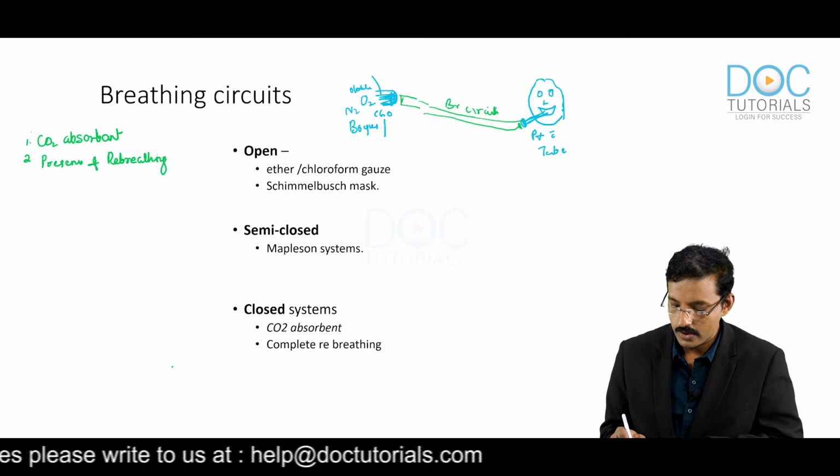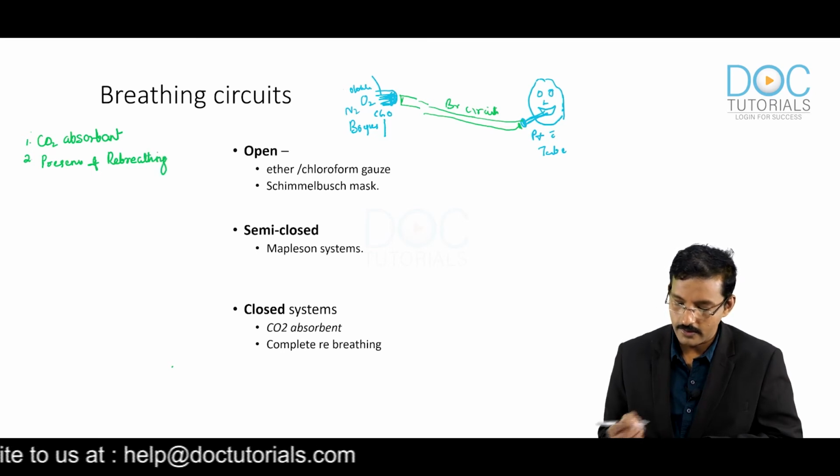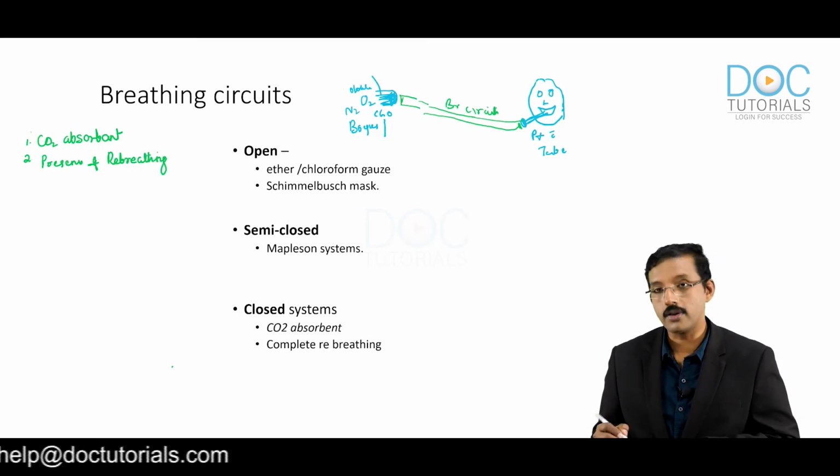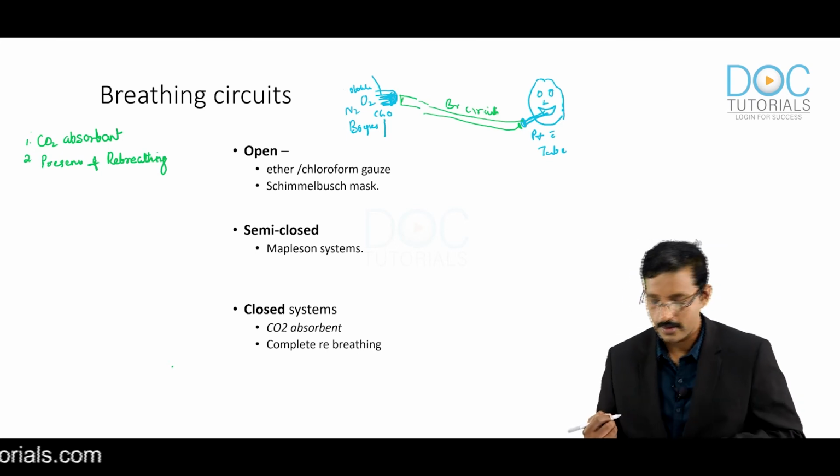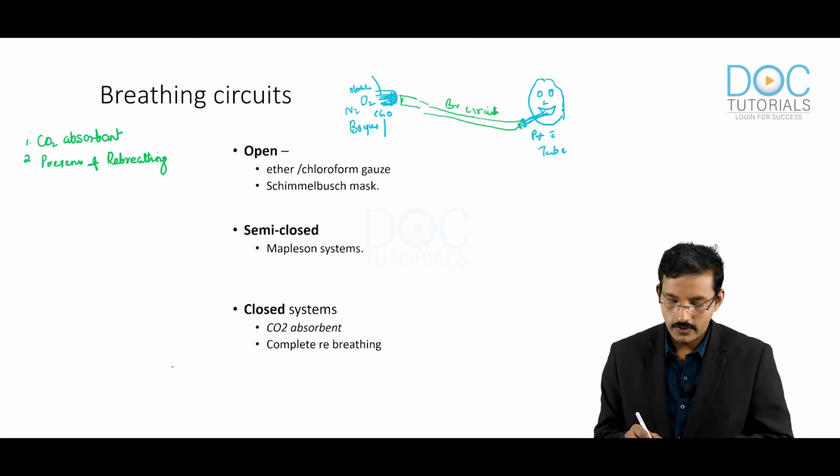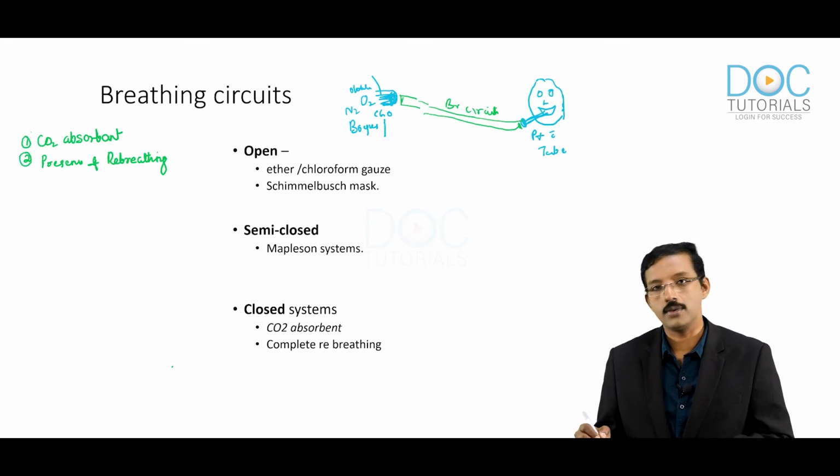Rebreathing means whatever amount of air that is given out has been rebreathed or taken in for the next inspiration. So depending on these two features, you can classify every breathing circuit into open, semi-closed and closed system.